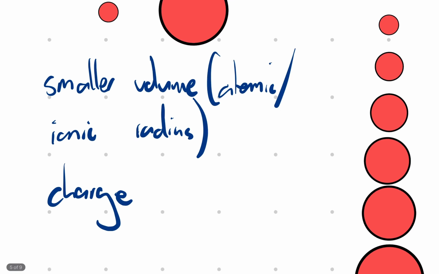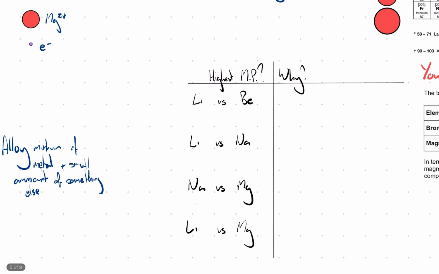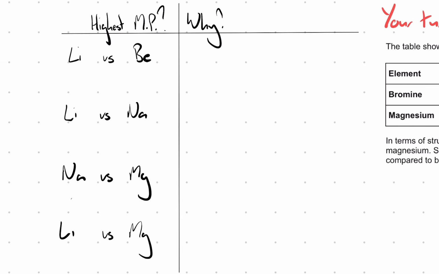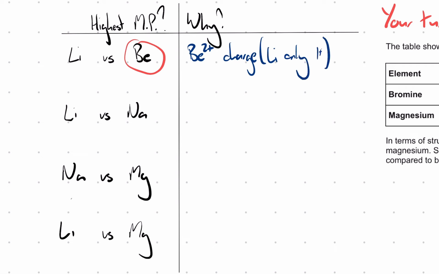Let's look at a few more examples. So, first of all, lithium and beryllium, exactly as I just said, which has the highest melting point? That's going to be beryllium, because Be has a 2+ charge, Li only 1+, and Be is a smaller ion.